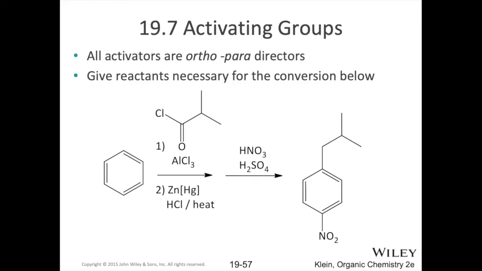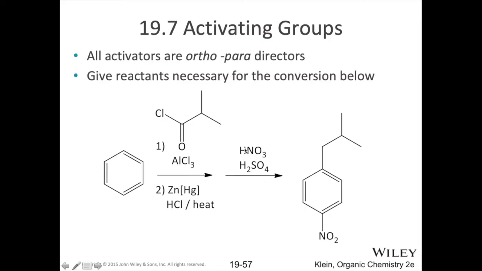It would rearrange, especially given this kind of alkyl group and the fact that we've got a tertiary site right here. It would rearrange to give you the tert-butyl group on here instead. So you actually have to do an acylation and then reduce it accordingly to get that alkyl group.